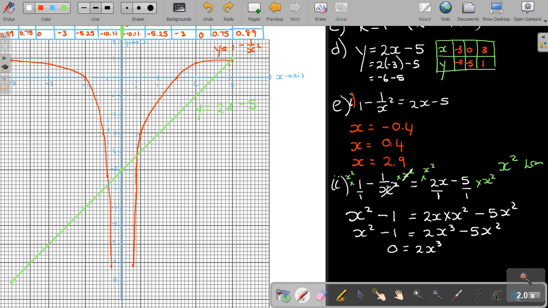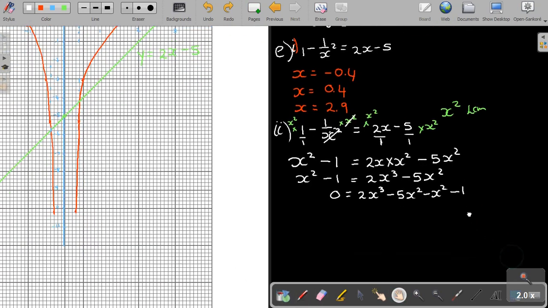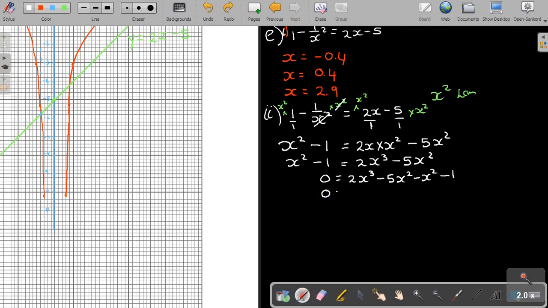Leave the highest power positive, so I prefer it on this side. So it's going to be 2x cubed minus 6x squared minus 1. They don't expect you to solve this algebraically. In the next level of mathematics, in grade 12, we will solve cubic equations. But for now, they just want it in this form, and that was the final answer.